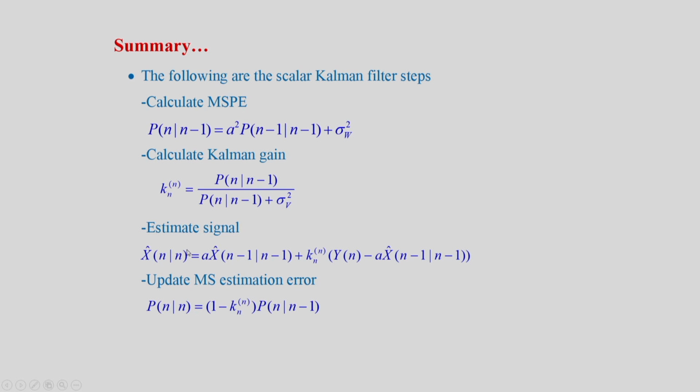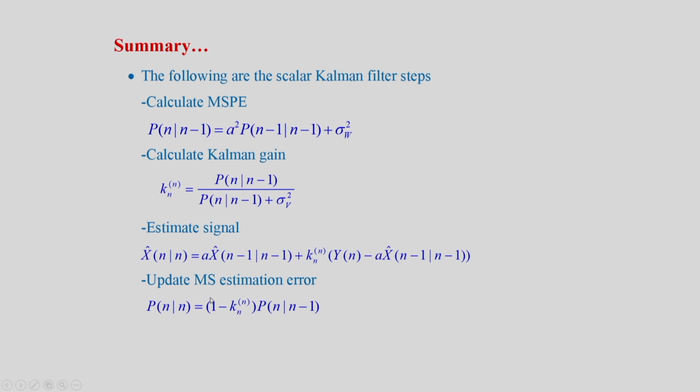Now, we will estimate the signal x hat n given n is equal to a times x hat n minus 1 given n minus 1 plus Kn times yn minus a times x hat n minus 1 given n minus 1. So, this is the Kalman recursion.